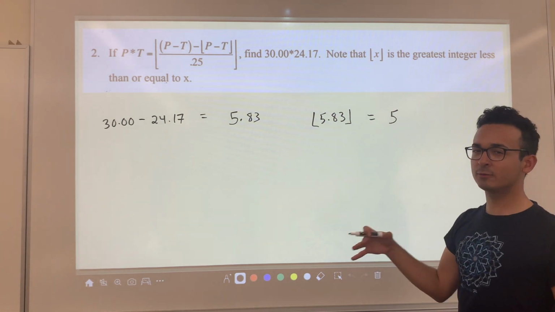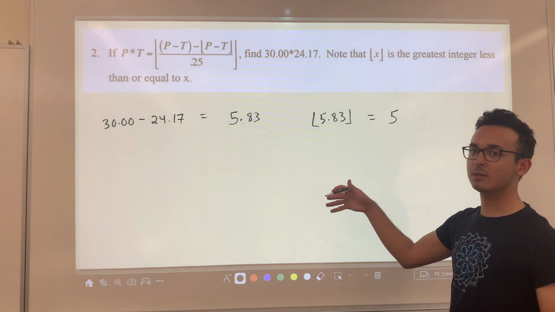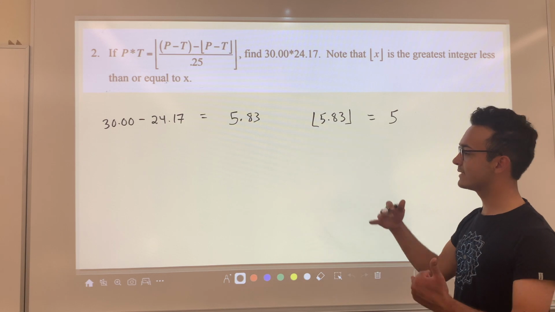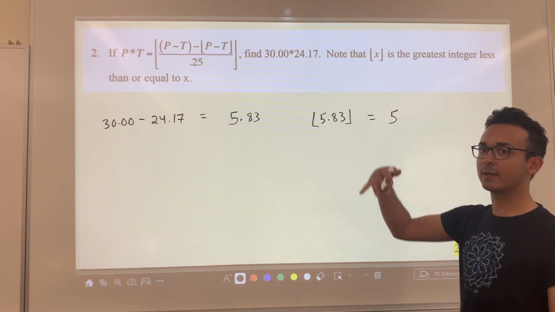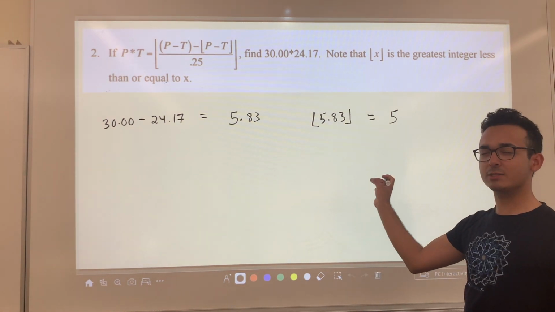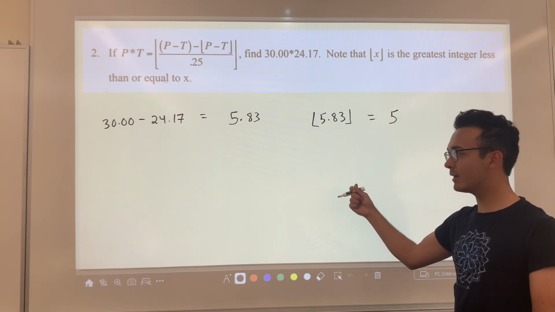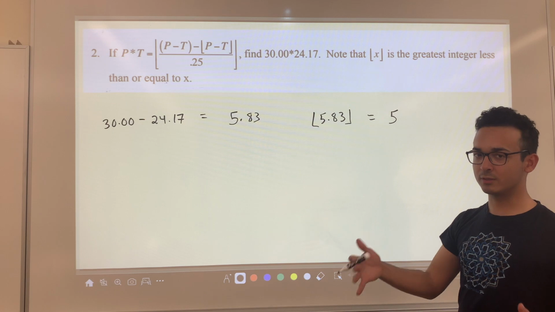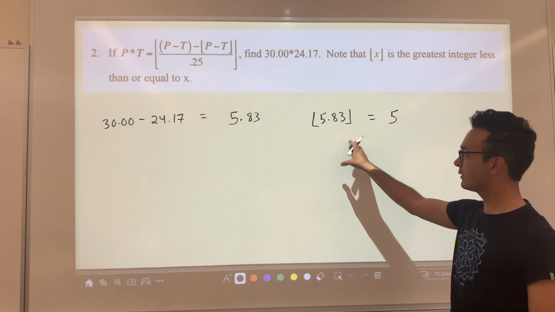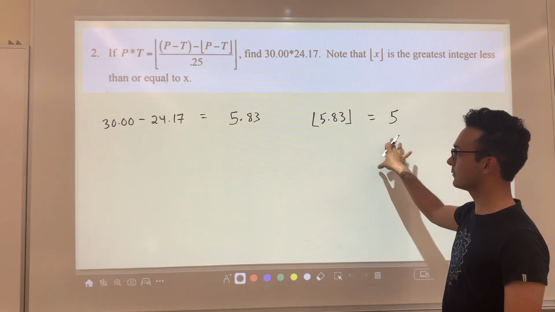And I find that floor makes more sense because it's on the ground, we're going down, versus ceiling, you would be going up. If you say it's the greatest integer function, it might make you think that we need to go up because it's greater than, so I just am using floor to avoid confusion here as well. The floor of 5.83 is equal to 5.